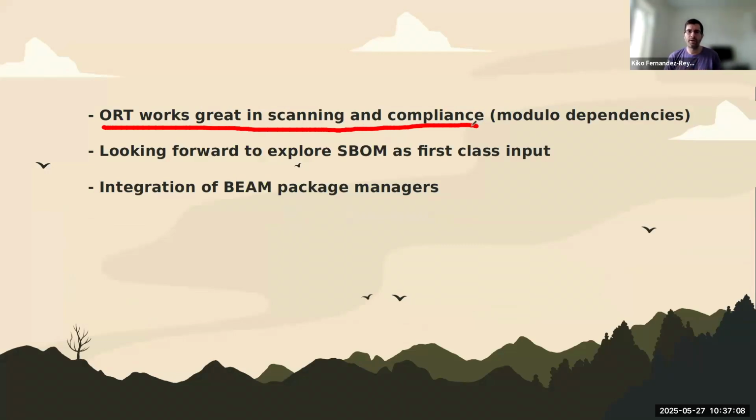The only reason why we cannot recommend to our community yet to use ORT is because the dependencies of the 3 different package managers that we have in the community are not going to be downloaded, so are not going to be scanned. And that's why we think it's been really successful for Elixir and Erlang OTP to use ORT.